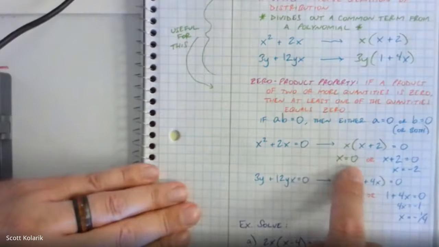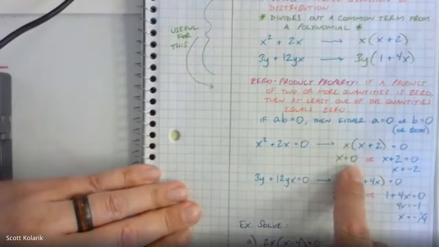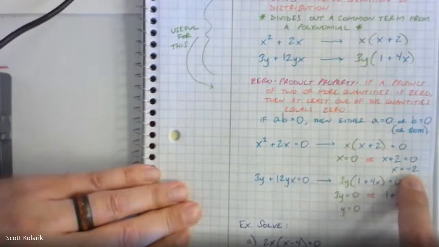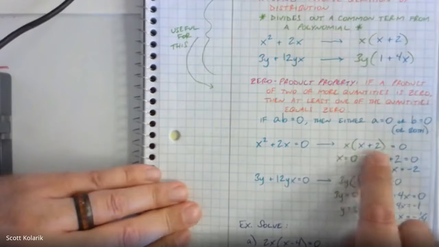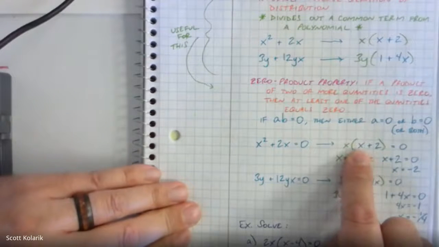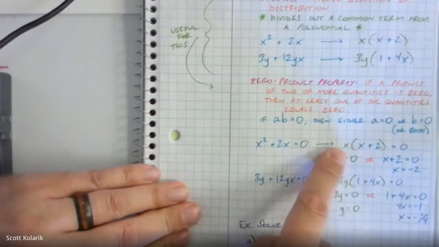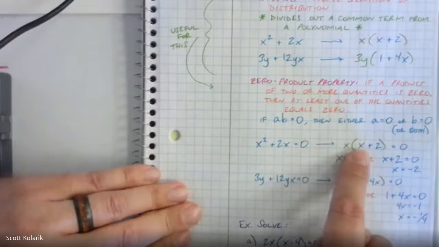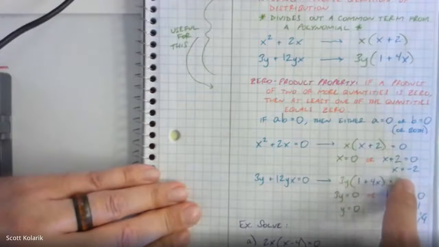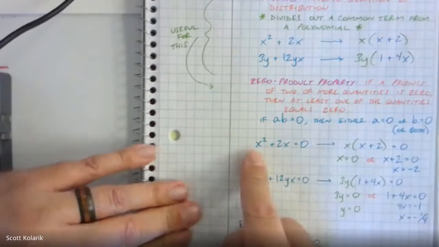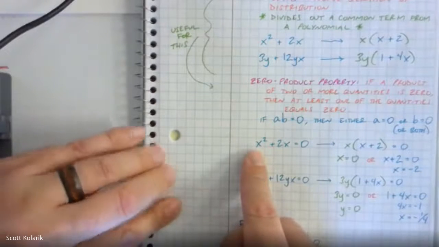That one checks out. That's a solution. But also, if I were to plug in negative 2, negative 2 plus 2 is 0. And it didn't matter that that would be negative 2 in that case. Negative 2 times 0 gives me 0. That checks out. If I were to plug it back into my original polynomial, again, the same thing, just unfactored.